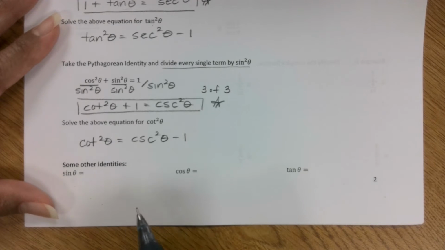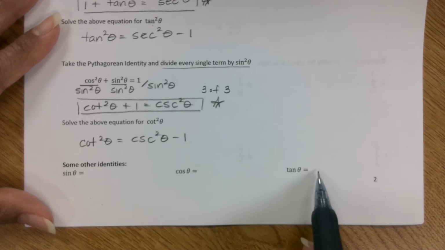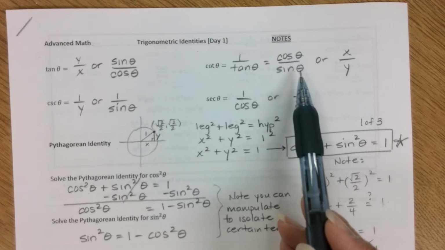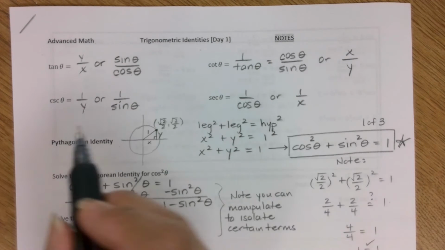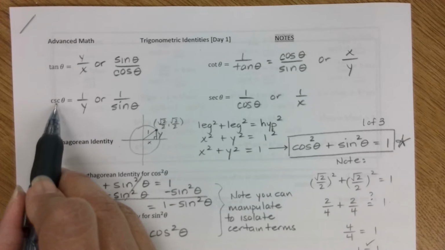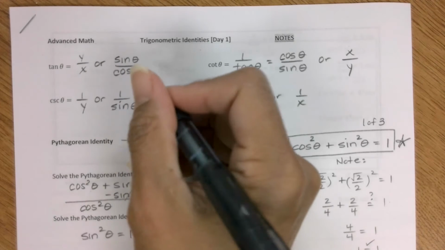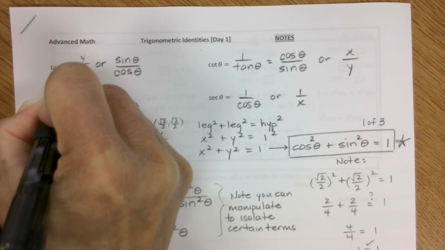So, as you look at all of these, let us look at some other identities. We have these identities up here, and we have the 3 that we just discovered. But I want you to notice the following. You notice how cosecant is the reciprocal of sine? This is what this means.